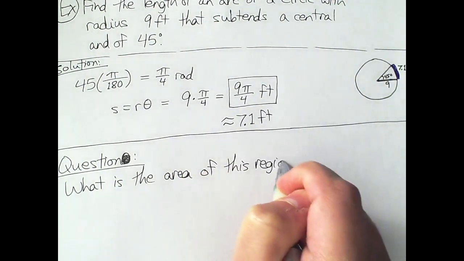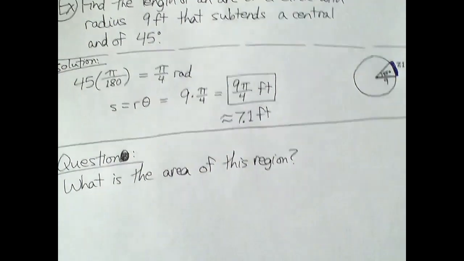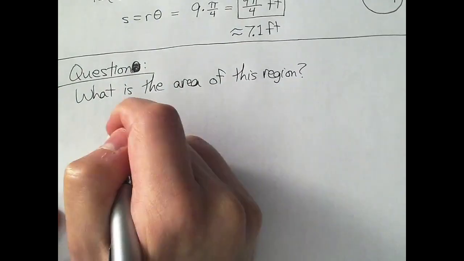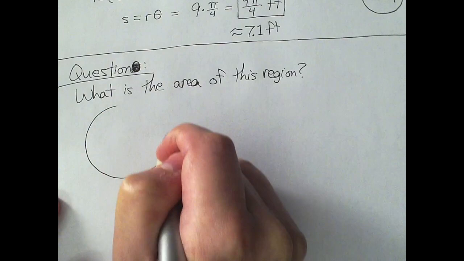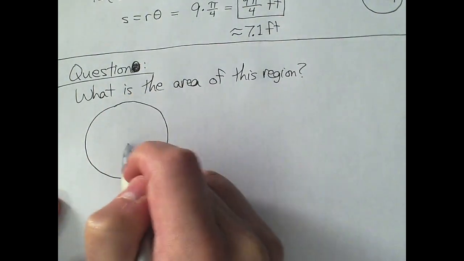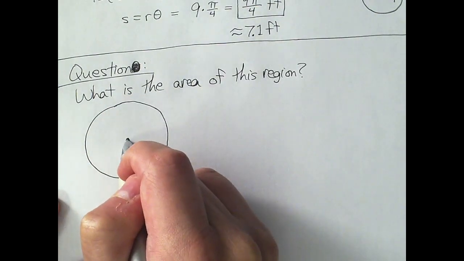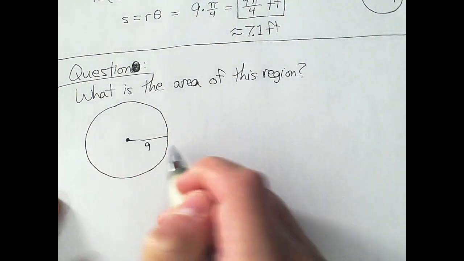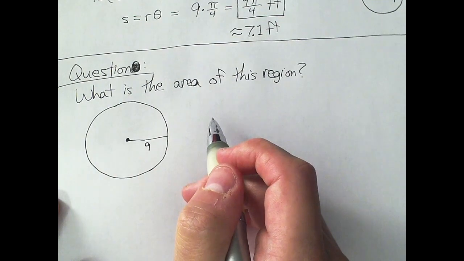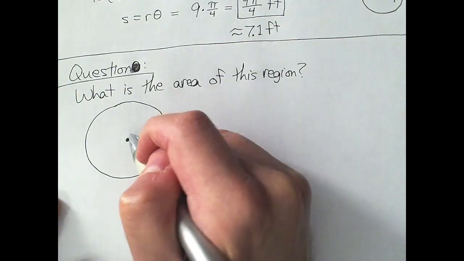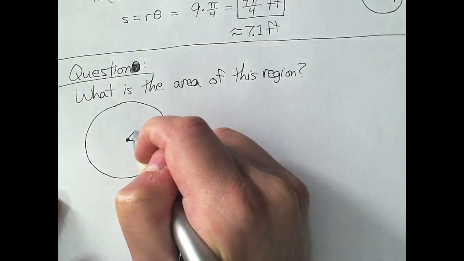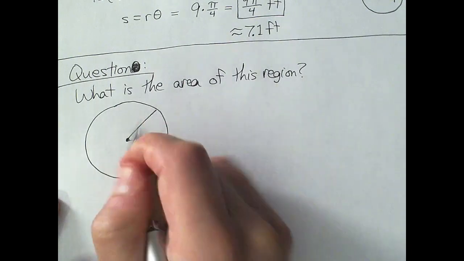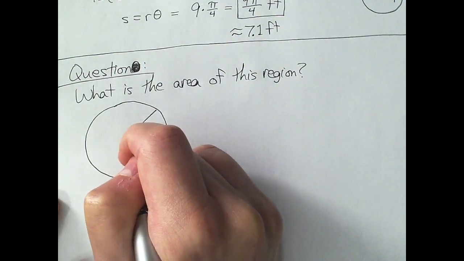And as an example, I'm going to use the same kind of region that we just drew, but I'm going to draw a bigger picture of it because it was so small in that problem. And I think that for the sake of this, I will leave off the feet.